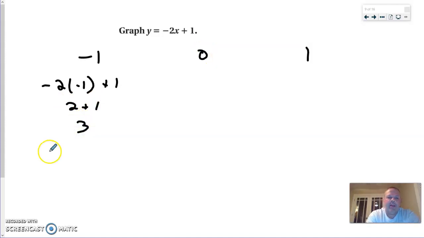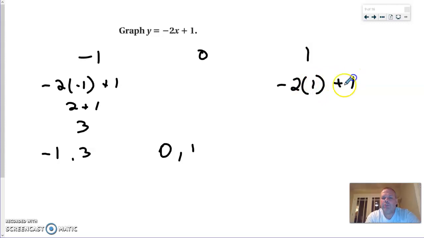And so my pair is -1, 3. In the second one, I put in 0, so this is 0 plus 1. I get 1 for that one, so my point is 0, 1. If I put in this one, I get -2 times 1 plus 1, which is -2 plus 1, which is -1. So I get 1, -1.